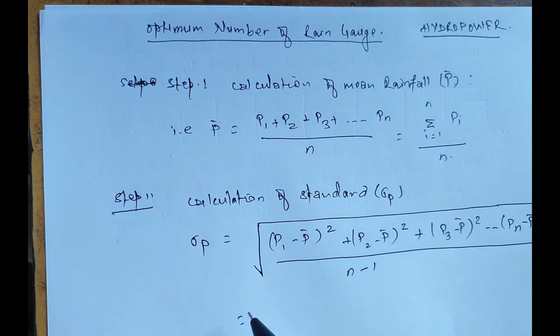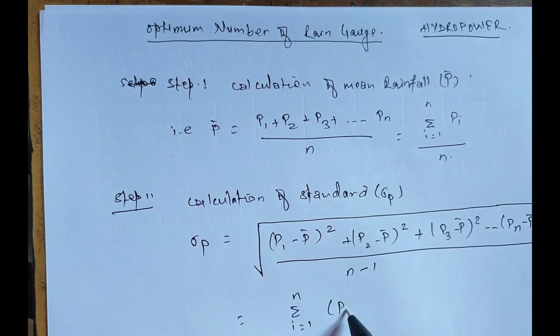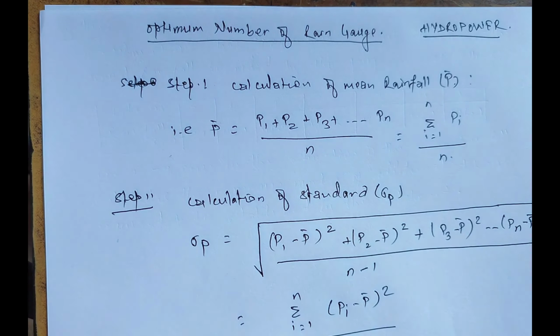This can be written in a simplified form as the root of summation I equals 1 to N of Pi minus P bar whole square, divided by N minus 1.